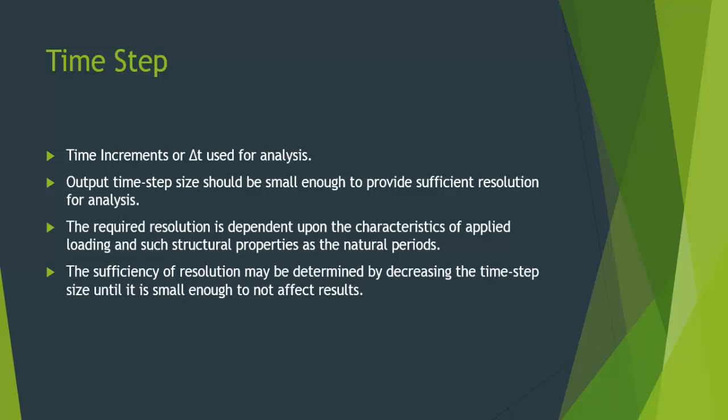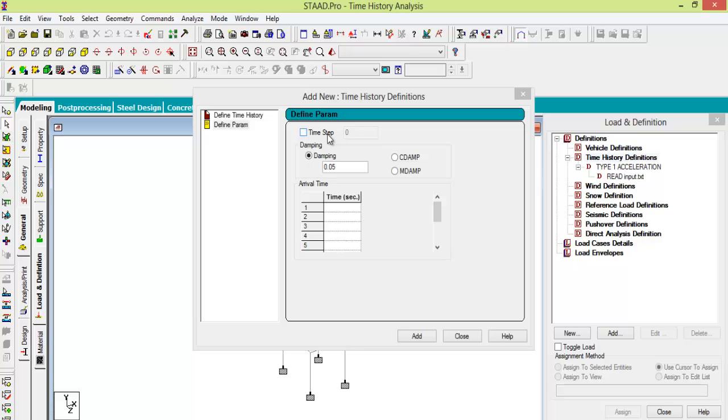The required resolution depends on the characteristics of applied loading and the structural properties such as the natural periods. We will use the default time step value, and after that we have to input the damping value. We will use a damping value of 0.05, and if you don't know how to use the cdamp and mdamp option, I'll explain it to you in the next video.